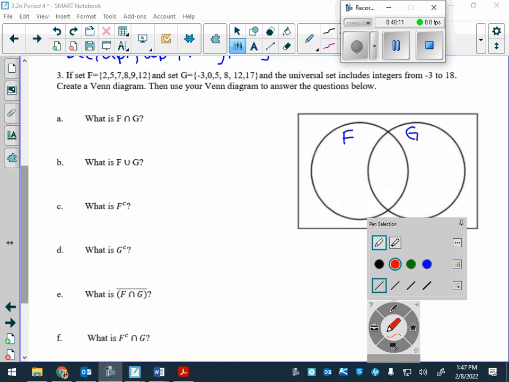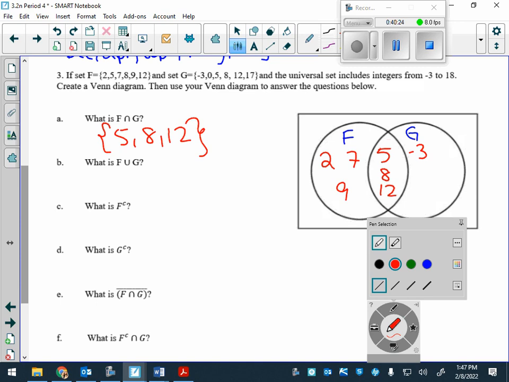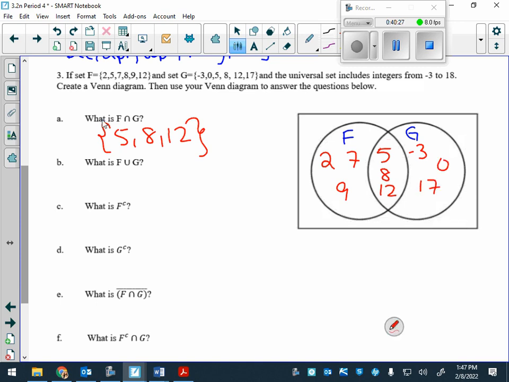Go ahead, Rosanna. 5, 8, and 12. Okay, so that one in the middle, and then you had 2, 7, 9 in F, -3, 0, and 17. Then, since it's -3 to 18, you had -2, -1, 1, 3, 4, 6, 10, 11, 13, 14, 15, 16, and 18. Those are all the numbers that should be on the outside.